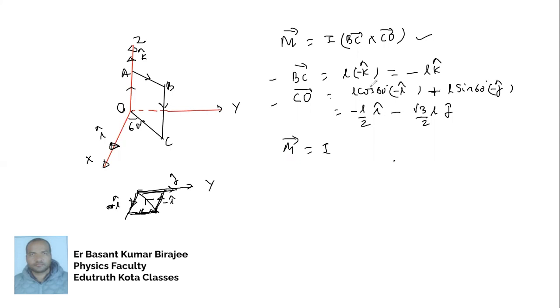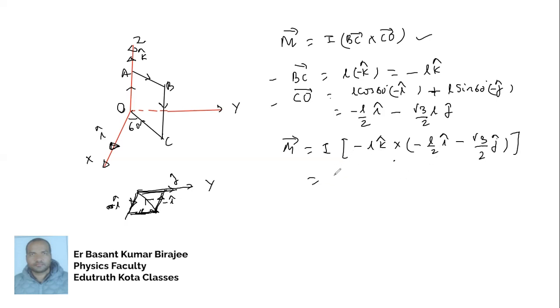You have the current, and you just find the L. L k cap, and your BC side is this much, and your CO side is minus L by 2 i and minus root 3 by 2 j. Now you can take the cross product.